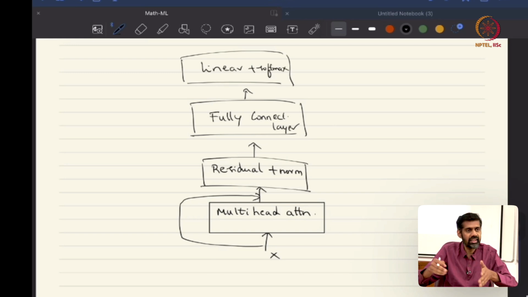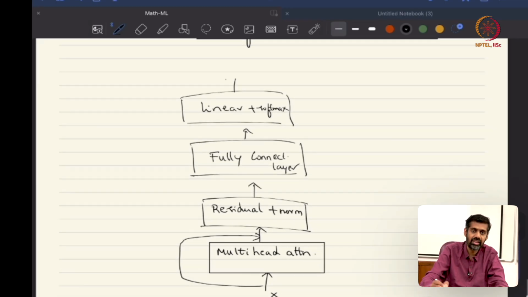And this fully connected layer, you have a different fully connected layer for every token of data. For multi-head attention you do it for all tokens together, because you need to compute the attention. Then you have t number of dv vectors. On each of these dv vectors you put a fully connected layer on top of it individually.